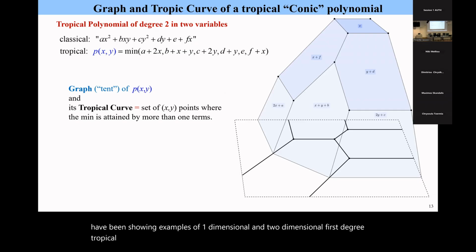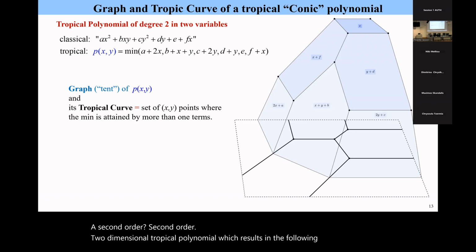Here is a first example of a second order 2-dimensional tropical polynomial, which results in the following way.